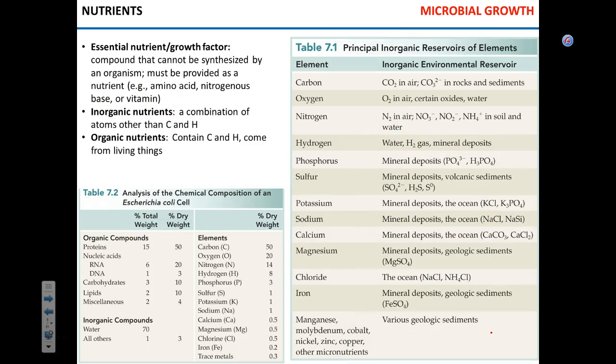Now, let's see what microbes need for growth. They need nutrients. And we're going to quickly discuss where they take them, what they're actually made of, the microbes. Most of it, of course, is water. Okay? You can see that typical E. coli is 70% water.